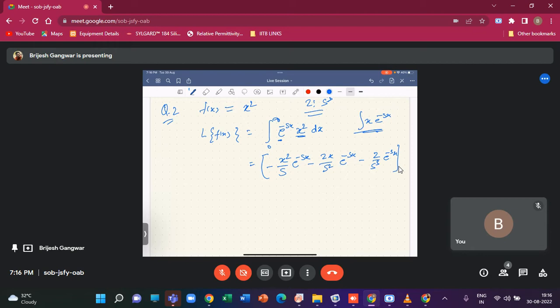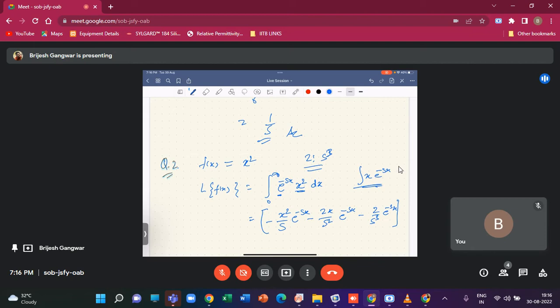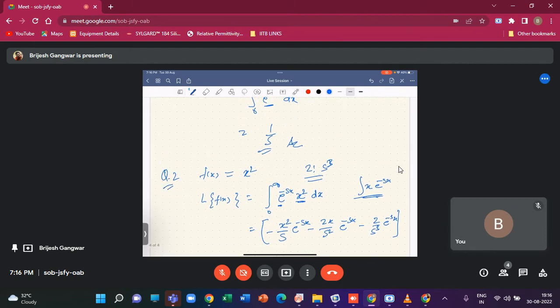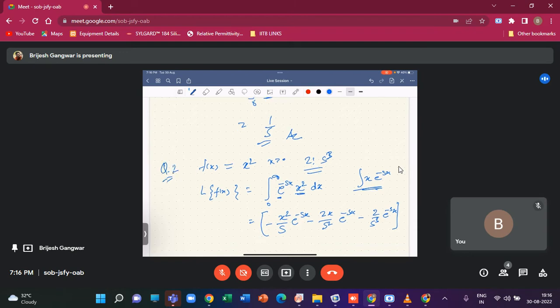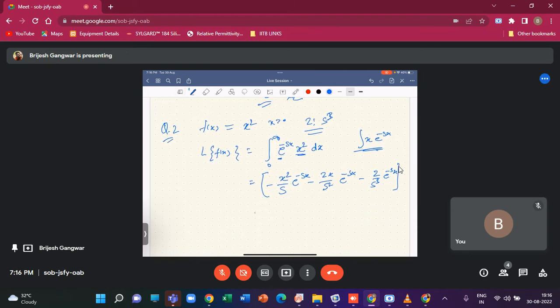Now you can solve. Again we have to consider that x is greater than 0. So for that we have to limit x from 0 to some limit x is equal to r. So if the limit r tends to infinity, we have to check which terms have a finite limit.